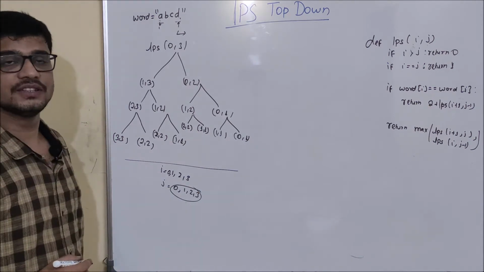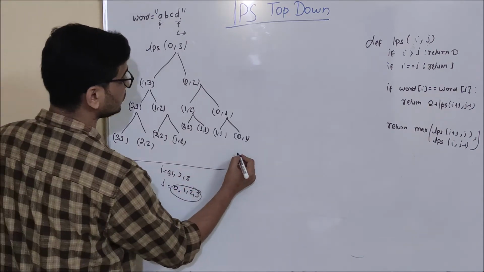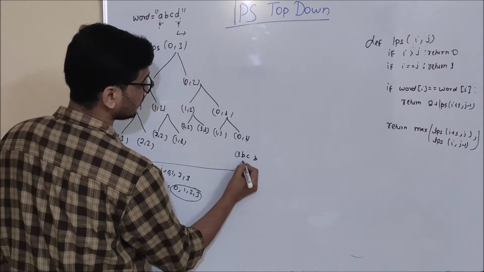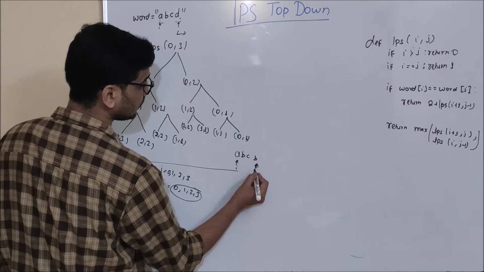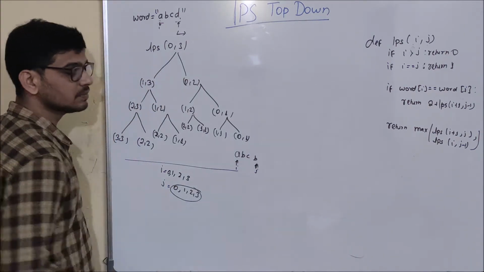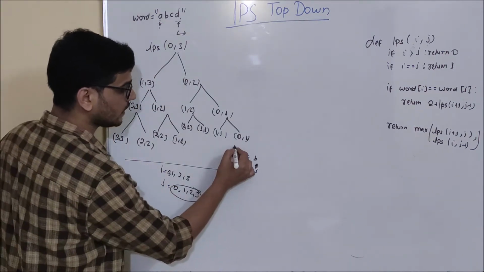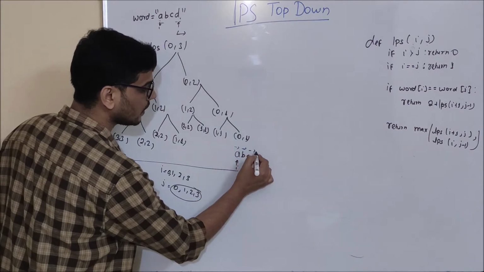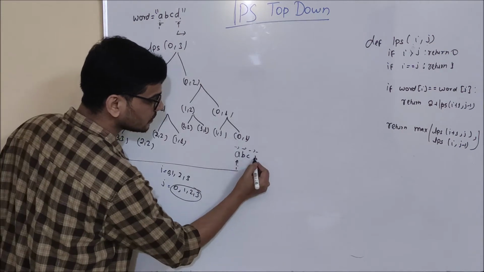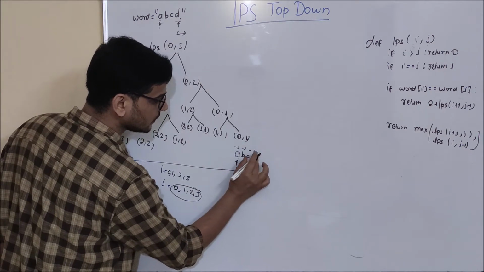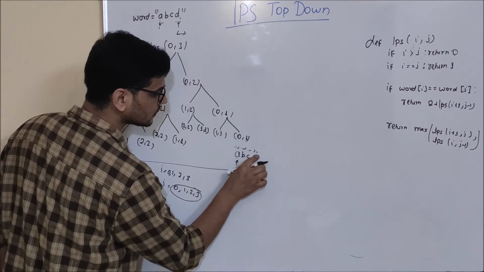And what do we mean by this? Suppose this is my string ABCD. Initially I will be here and J will be here. In this word, I will go in this direction, and in the worst case it will reach the last index.